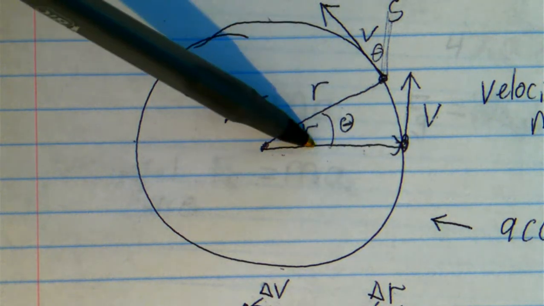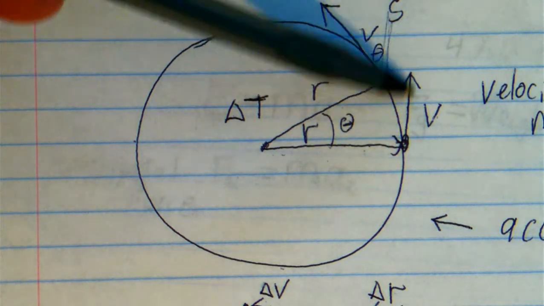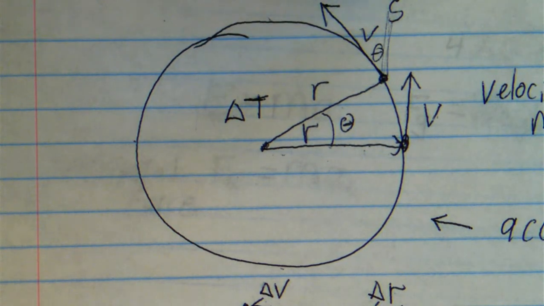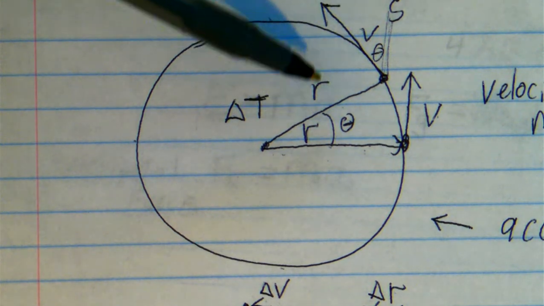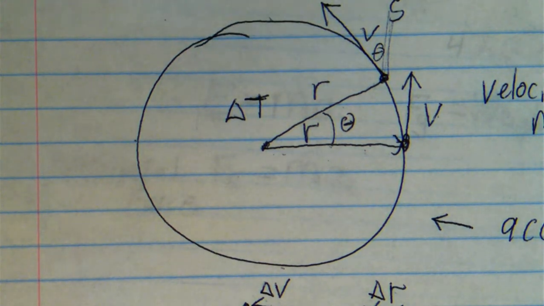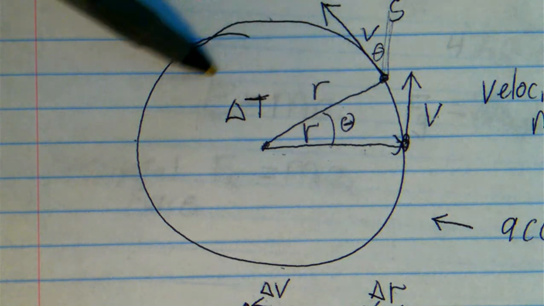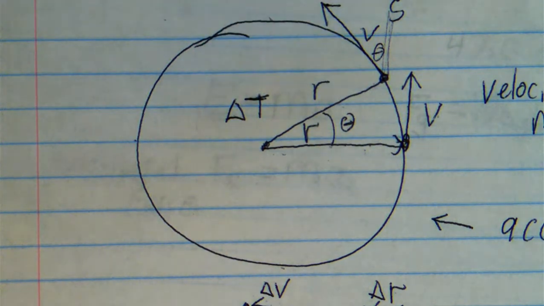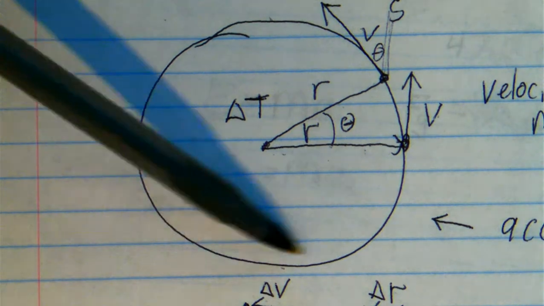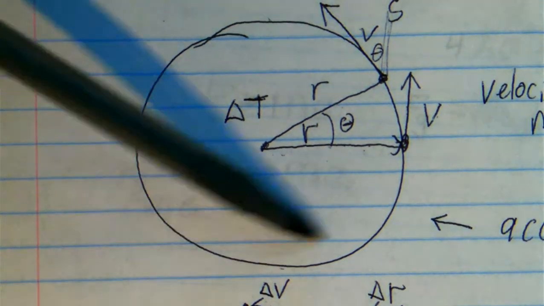If I don't pull hard enough, it'll move out of the circle. So centripetal force is a calculation of how much force needs to be applied to get, as a result, uniform circular motion. So uniform means same speed. We're not speeding up or slowing down.